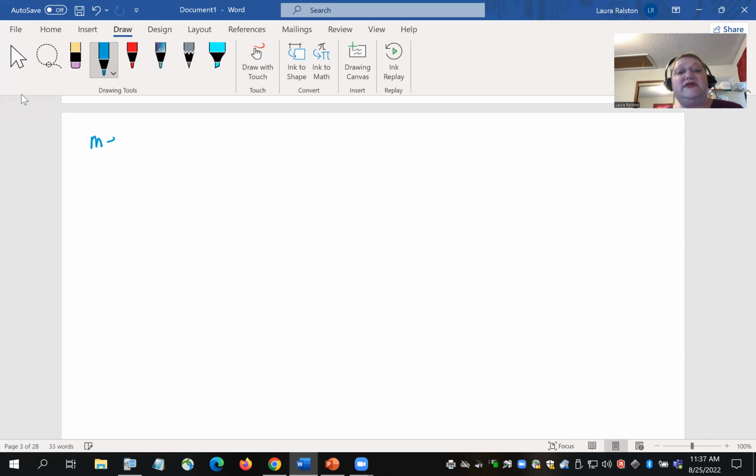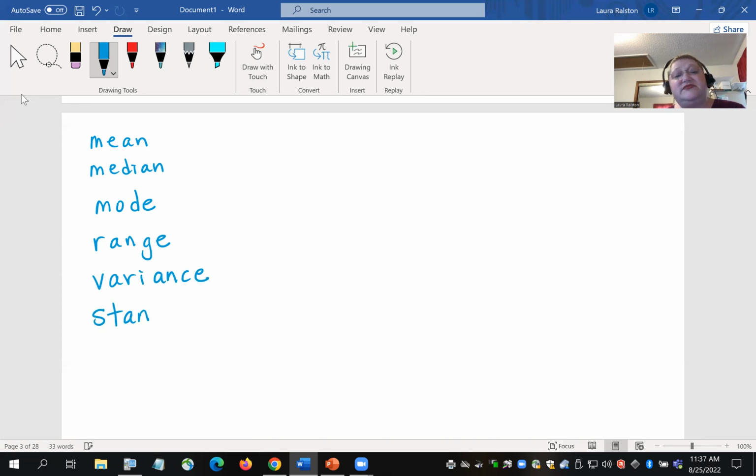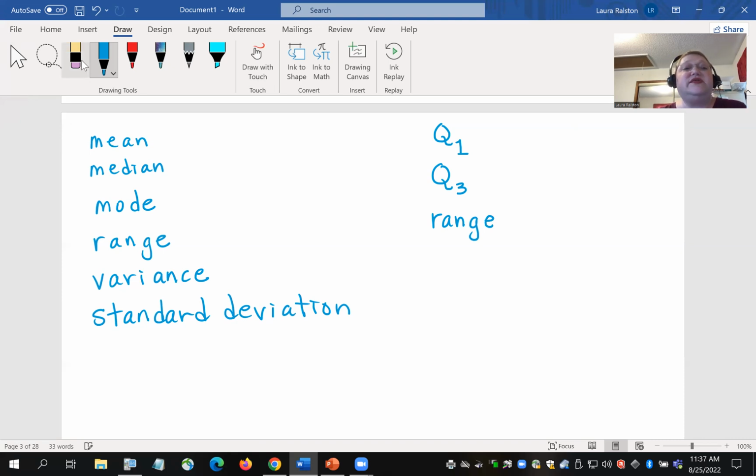We want to do the mean, the median, the mode. We want the range, the variance, the standard deviation. We calculate quartile 1, Q1, and quartile 3.